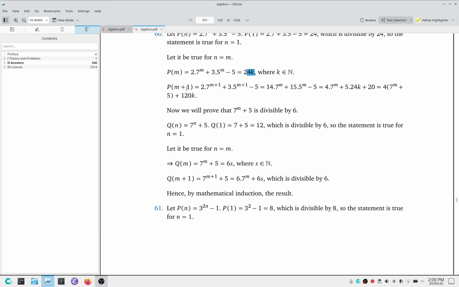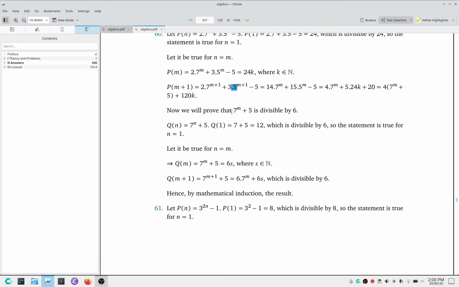We put n equal to m plus 1, we have got 2 times 7 to the power m plus 1 plus 3 times 5 to the power m plus 1 minus 5. We take out 7 common here, and we take out 5 here. We get 14 times 7 to the power m plus 15 times 5 to the power m minus 5, which is equal to 4 times 7 to the power m plus 5 times 24k plus 20, which is equal to 4 times 7 to the power m plus 5 plus 120k.